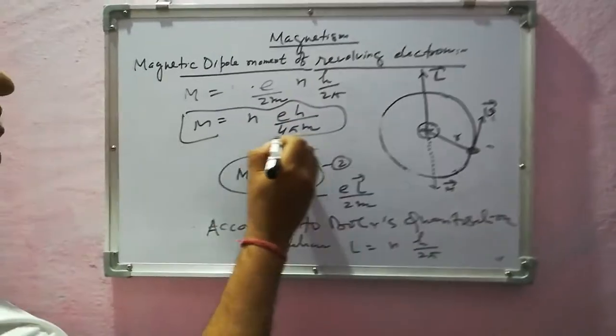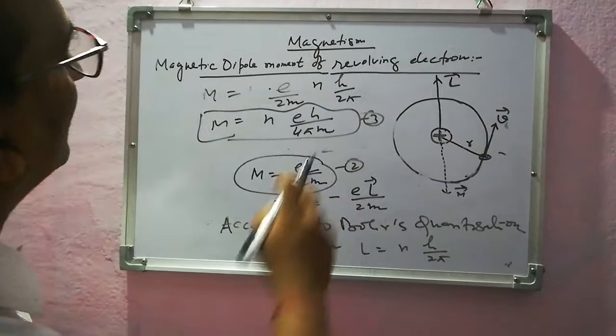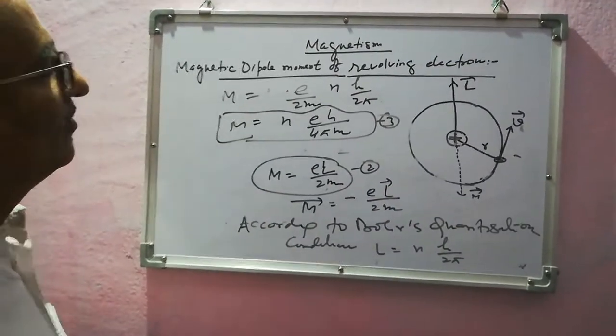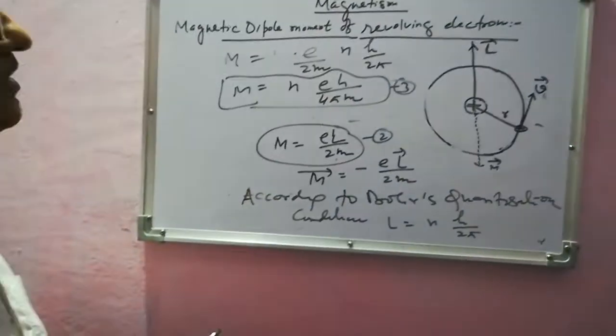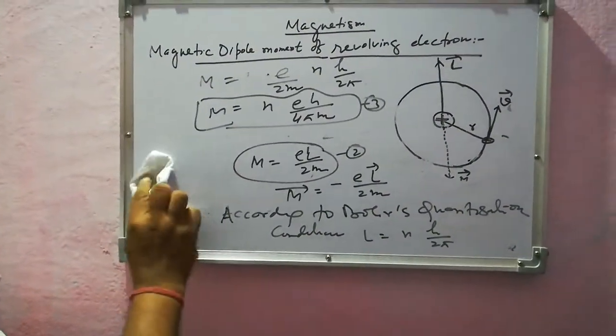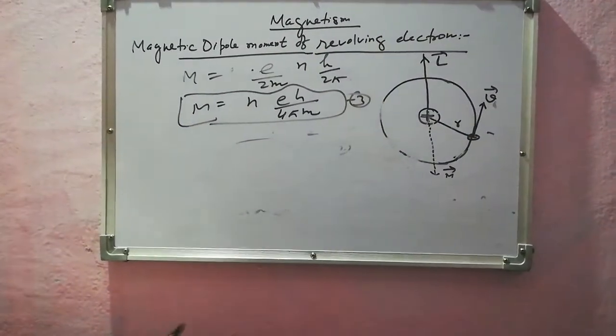So expressions 1, 2 and 3 are the different forms of the magnetic dipole moment of the revolving electron.